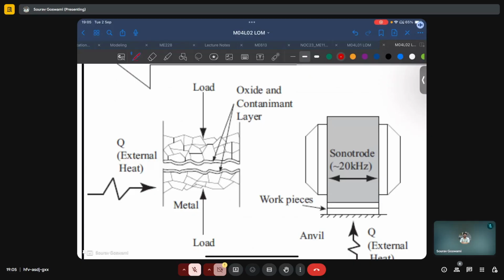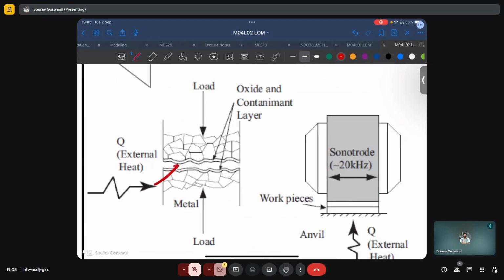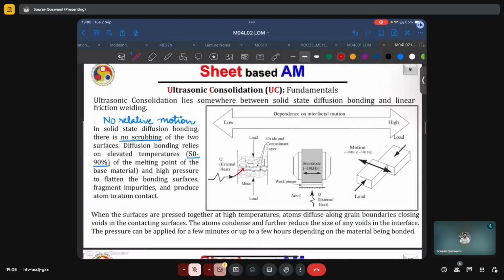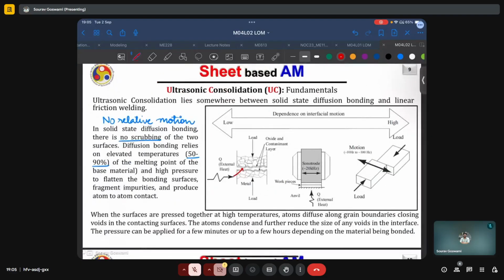There will always be some undulations, which are called asperities. Further, there will be some oxide and contaminant layer formed on the outer periphery of these surfaces. Thus, large pressures must be applied to break up these impurities, to flatten these surfaces and the asperities, and to make sure that the two surfaces are coming in atom to atom contact.